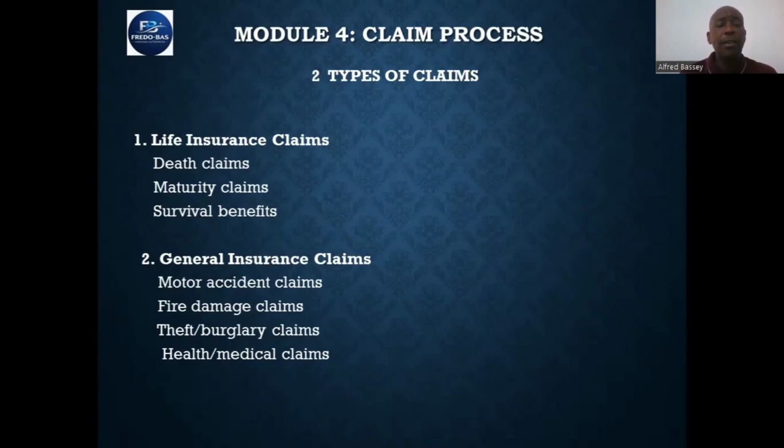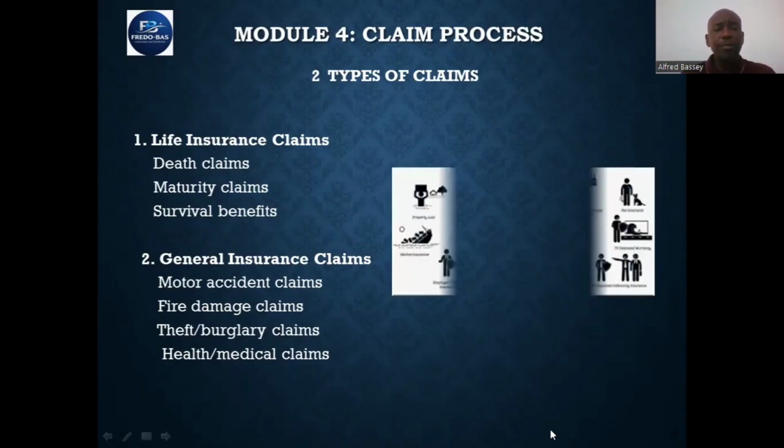Then we have the survivor benefits. Also, we have the general insurance claims. We have motor accident claims, fire damage claims, theft and burglary claims, accident, health, and medical claims. They are all various types of claims under general insurance claims.